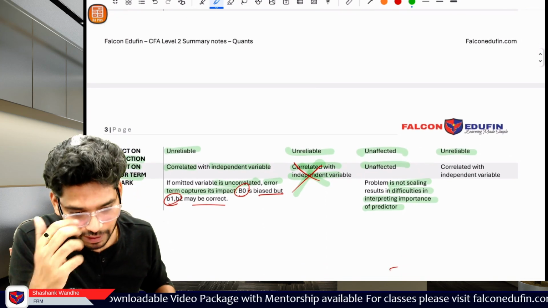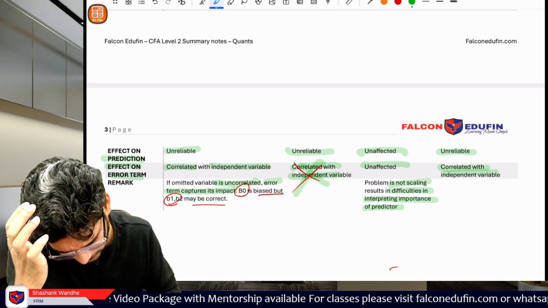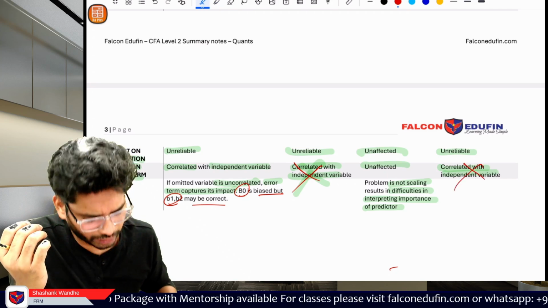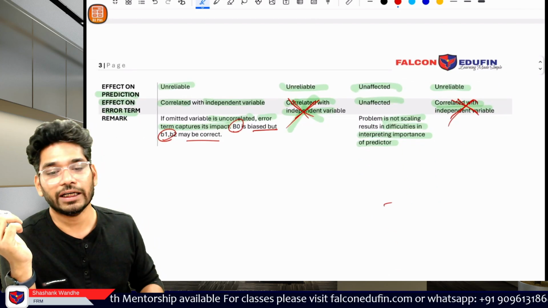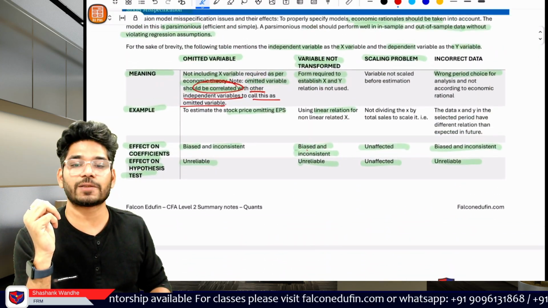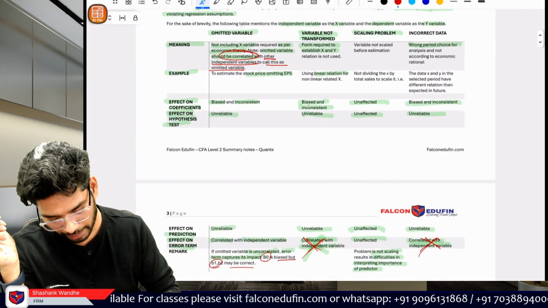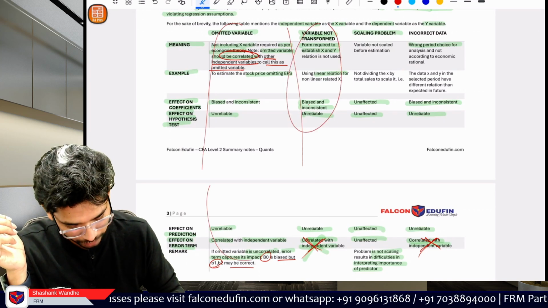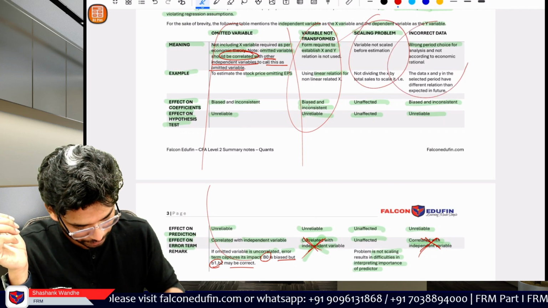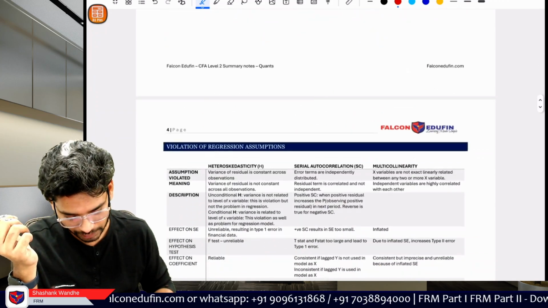Okay, obviously the prediction will be affected, and again, not very accurate. Okay, so just ignore this. Okay, fine. So this is all about misspecification. In this whole misspecification chart, the most important part you have to remember is this. Okay, this whole table, then only this much and these 2 points. Okay, remember this much, you can ignore the rest.